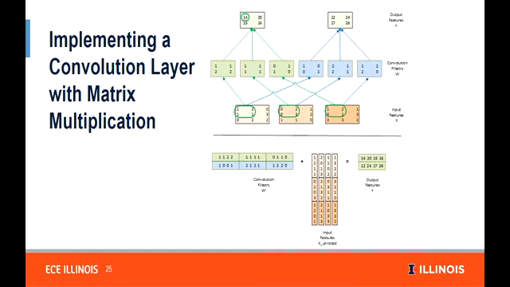Okay? So the only cost is the unrolling of the input feature maps. That makes sense? Okay. So conceptual versus reality, right? This is because of the row major layout that we have in C.